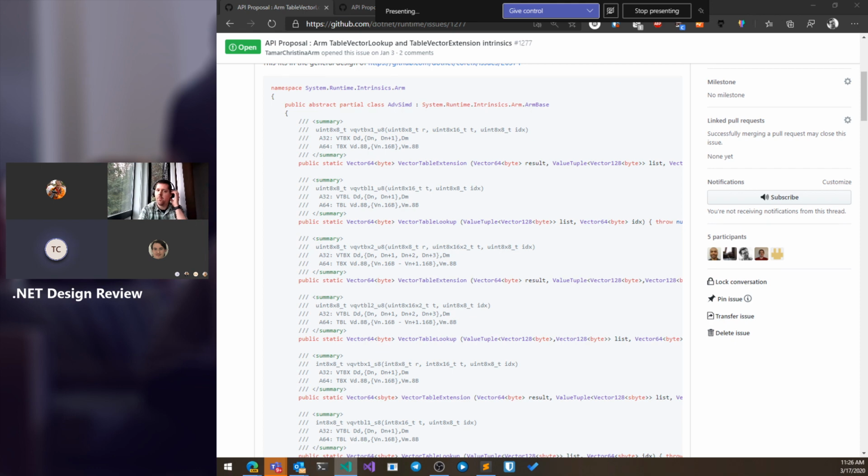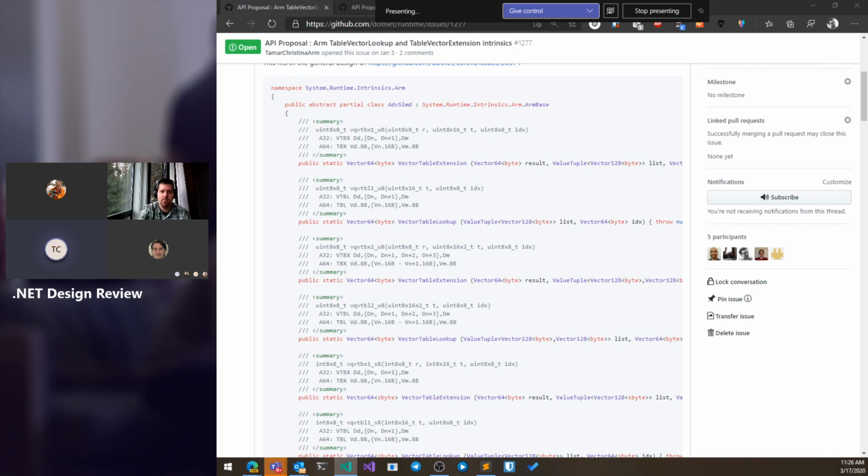But you probably don't want tuples since you don't want the constraint to apply on all tuples. And also there's the odd case where you have the vector lookup into one register. So that one probably doesn't want a tuple because I don't think C# supports unit tuples quite well.